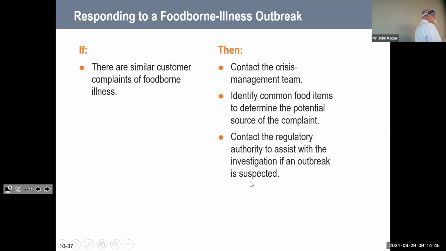So if you do see something like, it is the people that ate the fish last night that are getting sick, and there's two or more, then you want to contact the health department and get some help with this. You don't want them to come to you saying that they know you have a problem, because they are there to help you.